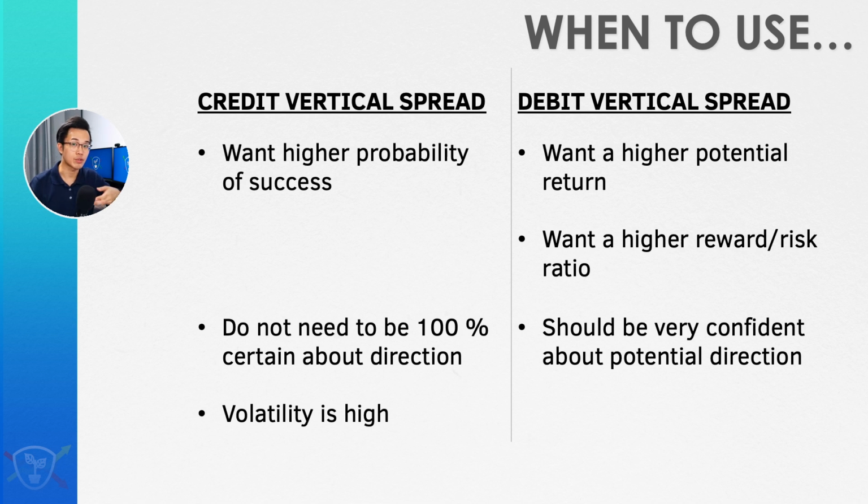Whereas debit vertical spreads are net option buying strategies, so they are more likely to benefit from an expansion in volatility. So if we want to trade debit vertical spreads, we should look to trade them when volatility is not high. You can check out my video on volatility and the IVR for more information.